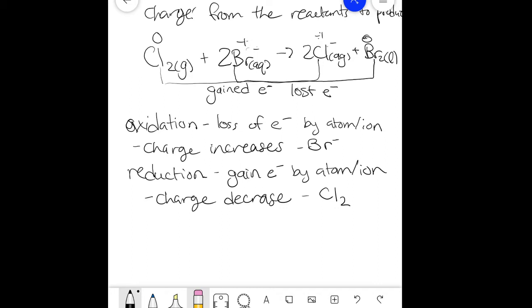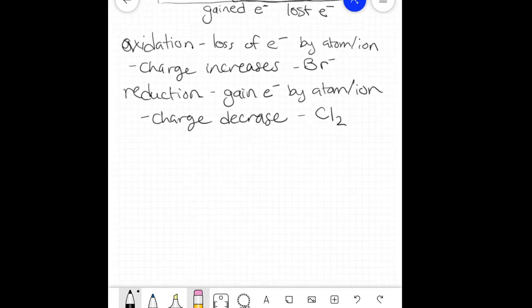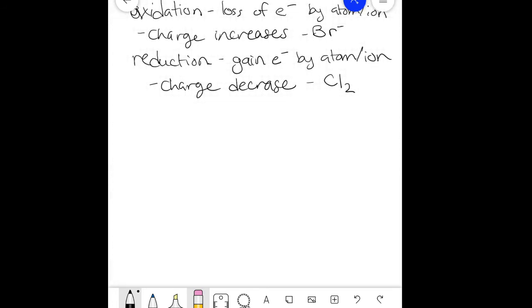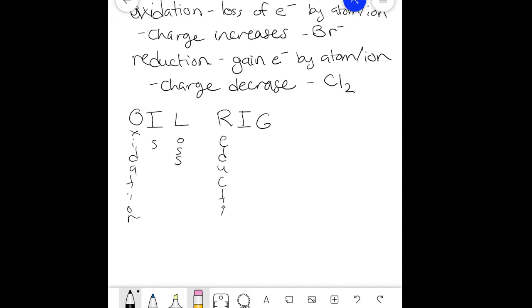There are a few acronyms to remember this. One is OIL RIG: oxidation is loss, and reduction is gain of electrons.